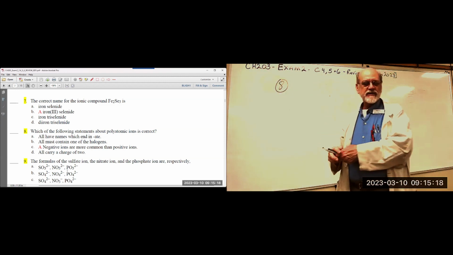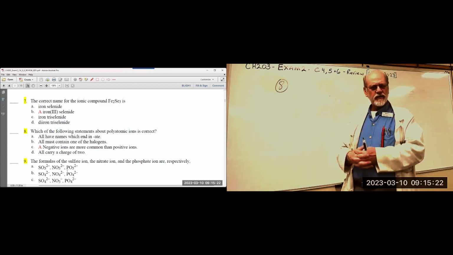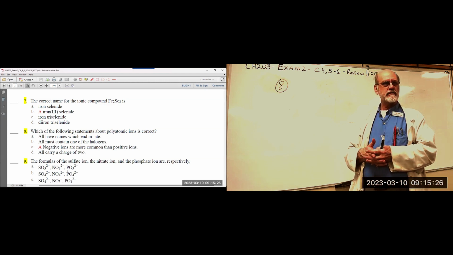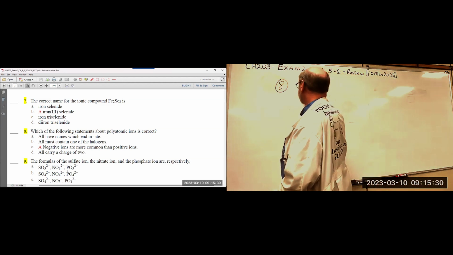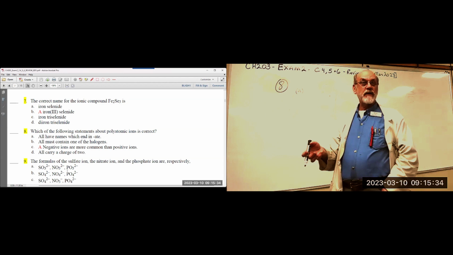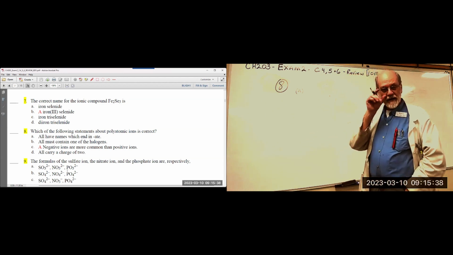Which of the following statements about polyatomic ions is correct? Well, let's go through them. All have names which end in ATE. Is that true? No. First one that comes to mind for me is ammonium. That's a polyatomic ion.